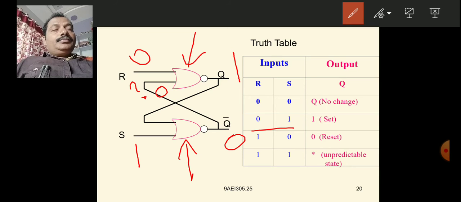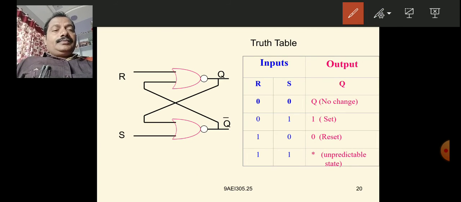Now let us consider 1 0. R is 1, S is 0. In this case also, the top NOR gate output you can easily determine because one of the inputs is 1. So this output is 0.